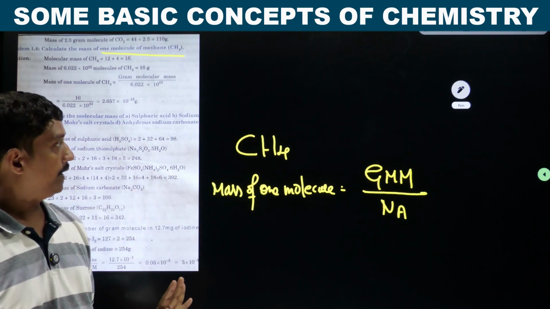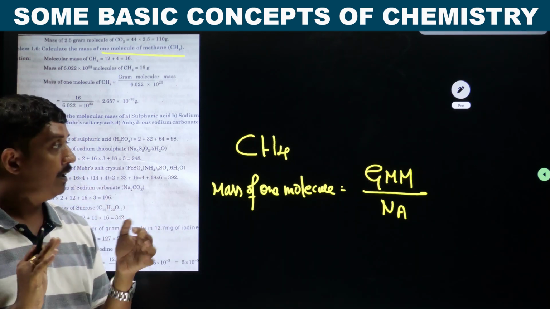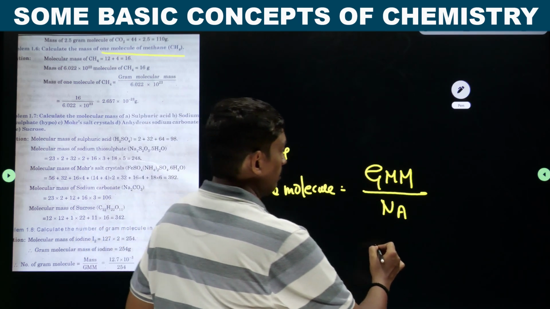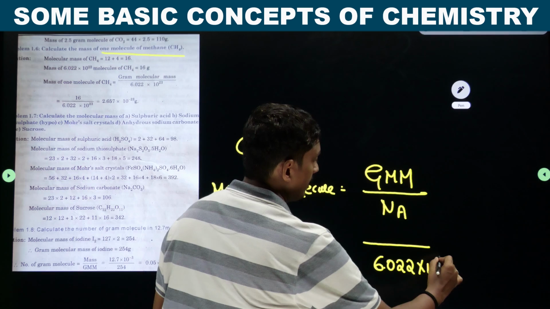What data is given? They have given methane only, nothing else. What is required? Avogadro number is known, 6.022 into 10 to the power 23.